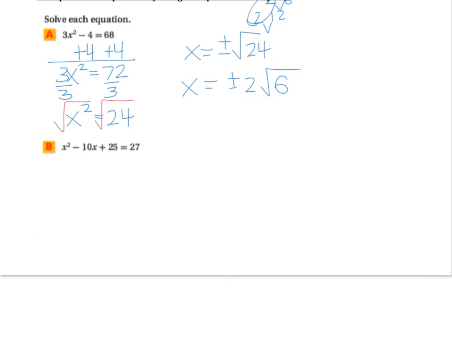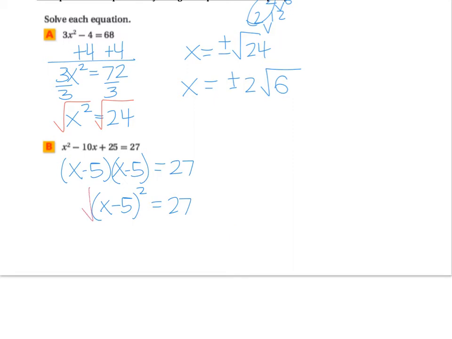Sometimes when you have a middle term, such as the 10x, you have a trinomial, you might have to factor this first. That's called a perfect square trinomial. So I write the 2 factors like so.